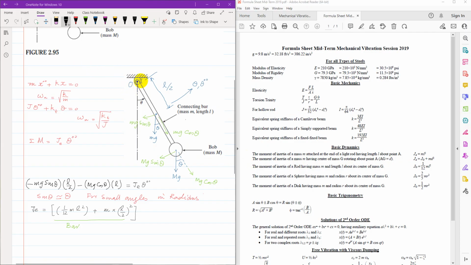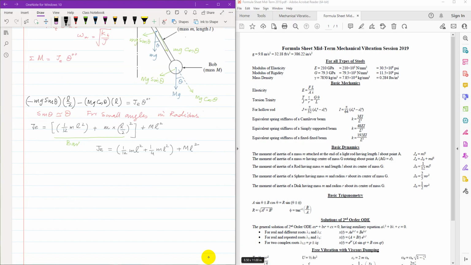What I am assuming here is that this mass is attached at the end of the rod L, and that rod is a virtual rod. So then for the bob, we'll have here uppercase M L squared.